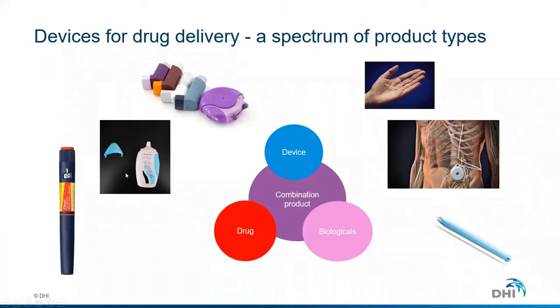So all in all, these devices have a very wide range of potential biological risks inherent to them and need to be characterized in a different manner and evaluated in a different manner, which is still systematic.